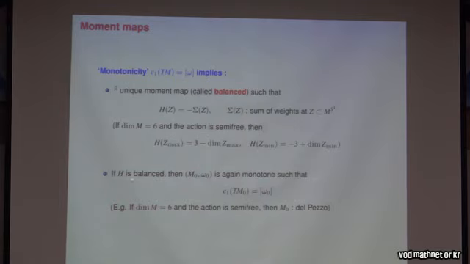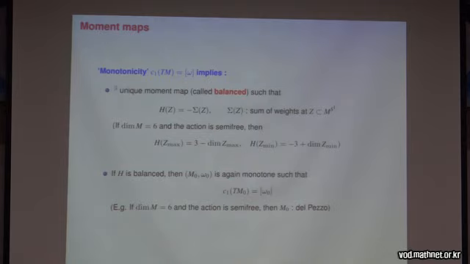And if H is a balanced moment map that we choose in the first statement, then the reduced space with the induced symplectic form at level 0 is again monotone. So if we assume that dimension M is 6 and the action is semi-free, then even though 0 is a singular, critical value, we get a four-dimensional monotone symplectic manifold.